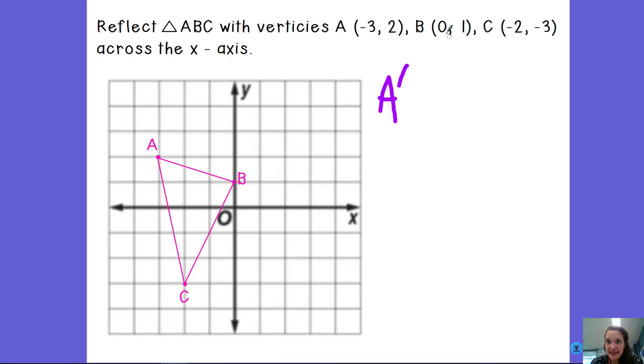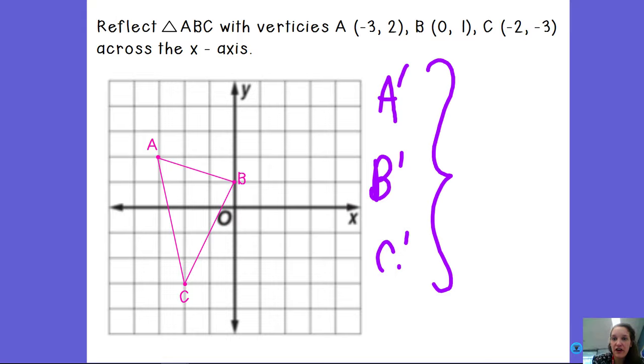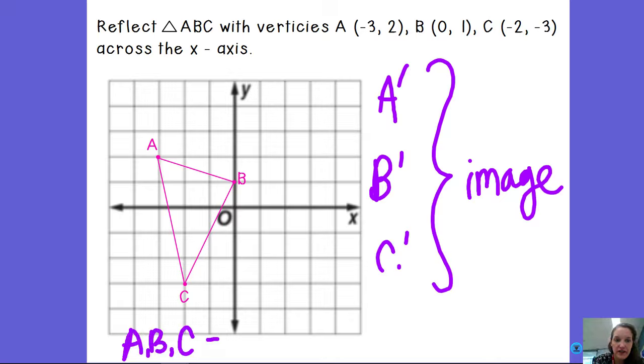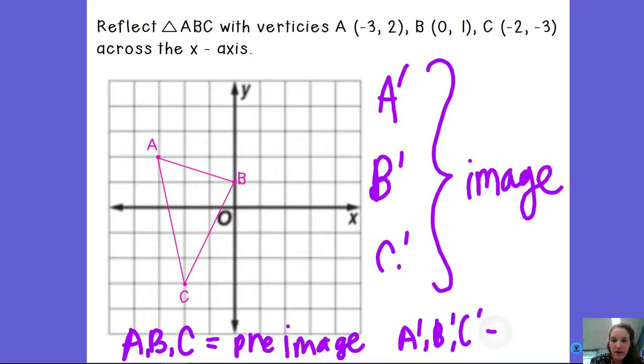So A, B, and C are the original points, the pre-image, because it's before the reflection. And then A prime, B prime, and C prime, my new points after the reflection, are called the image.